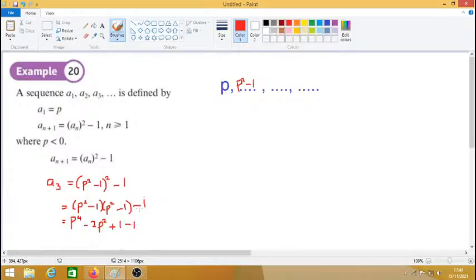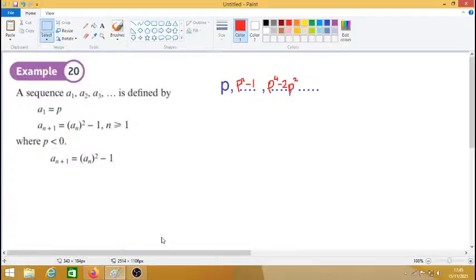The minus 1 comes from here. Plus 1 minus 1 will cancel out. So I've got p to the power 4 minus 2p squared. So that's your third term, p to the power 4 minus 2p squared. And you could go on and on. You could then take the p to the power 4, take away 2p squared, and substitute it back into the formula to get the next number.